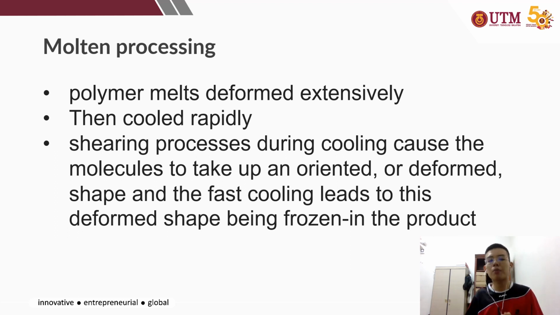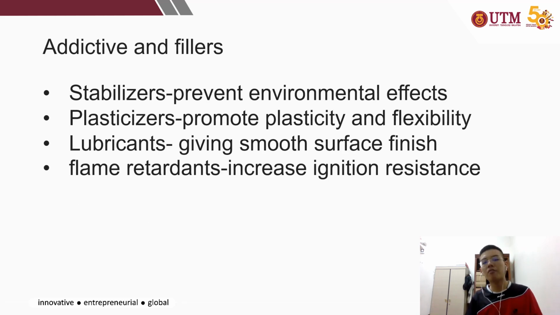The shearing during the heating and cooling causes the molecules to take up an oriented or deformed shape, and the fast cooling leads to the deformed shape being frozen in the product. It's something like heat treatment. We heat up the polymer and cool it down again to give the molecules some orientation or structure. After that, we will add some additives and fillers.